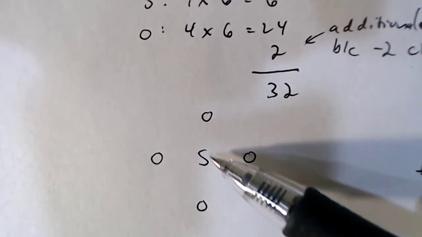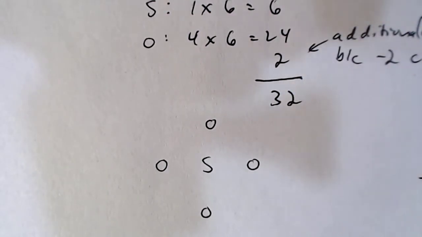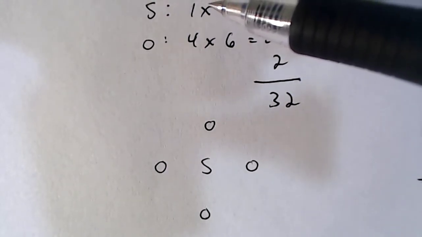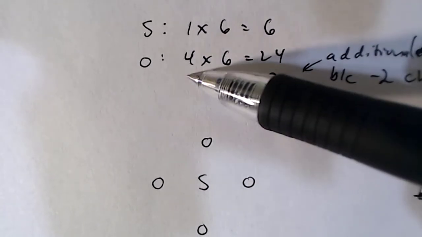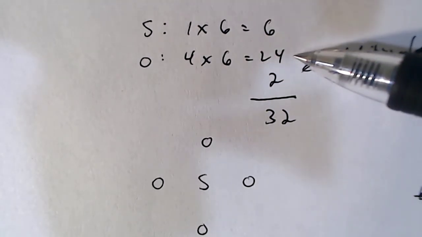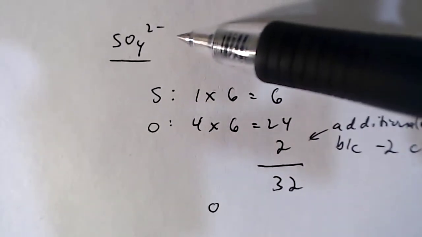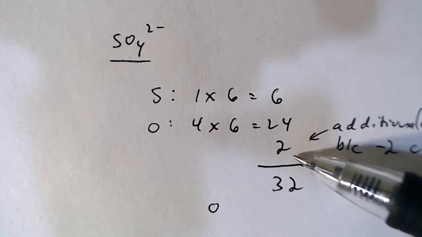So we want to have this skeletal structure, and we get to play with a total of, let's see, 1 sulfur. It brings 6 valence electrons for a total of 6 from it. There are 4 oxygens. Each one brings 6 valence electrons, so we have a total of 24 electrons coming from oxygens. But also, because it's SO4 2-, there's an additional 2 electrons.